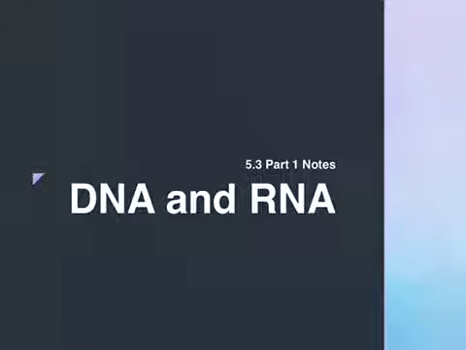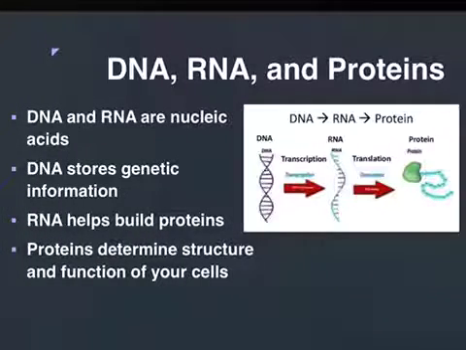When we talked about the cell cycle, we talked about how some parts of the cell cycle involve making proteins. And so the series of 5.3 videos here is going to walk us through the process of making proteins. And before we can get into details about making proteins, we need to talk about DNA and RNA.